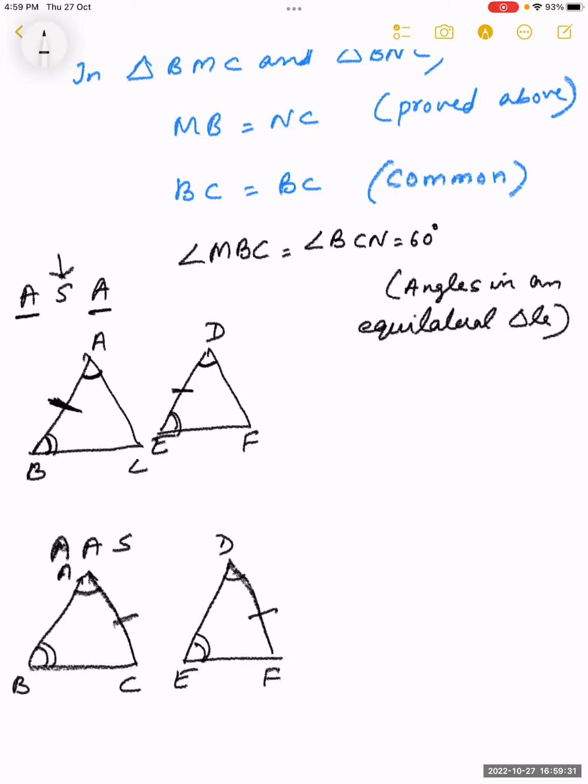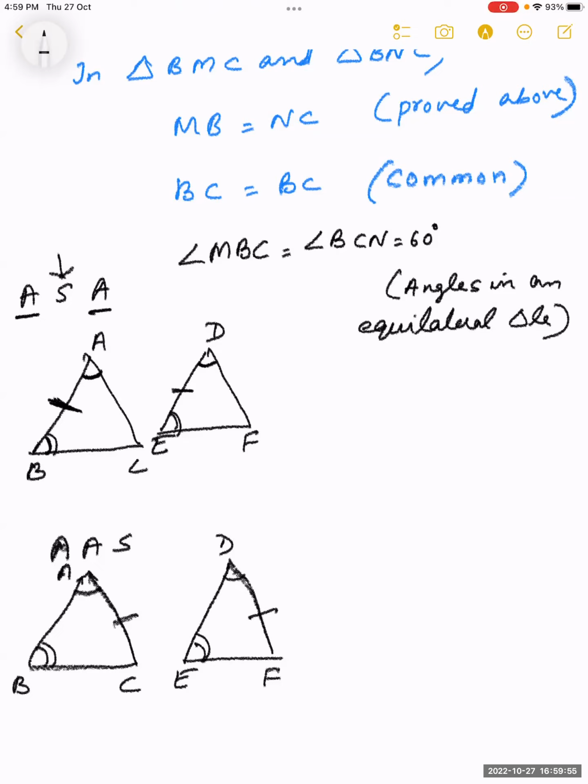Understood? So it shouldn't be two angle and one side. That side shouldn't be between the two angles. If the side that you are considering is lying between the two angles, then that becomes ASA. Understood?